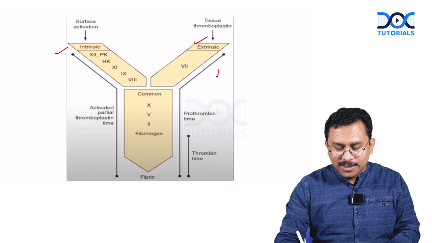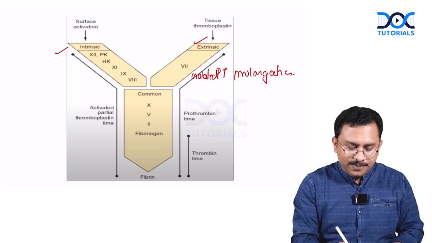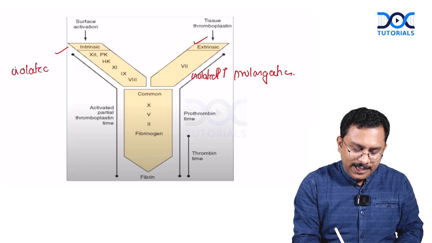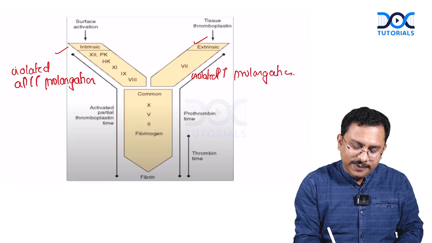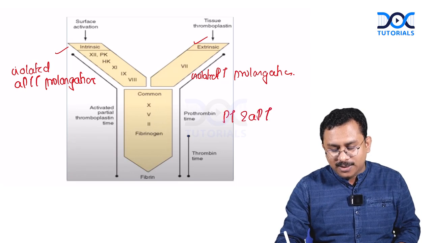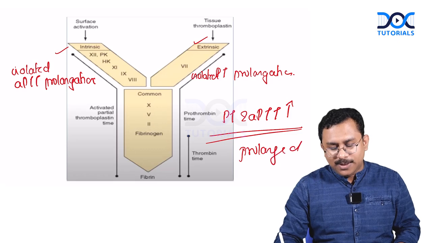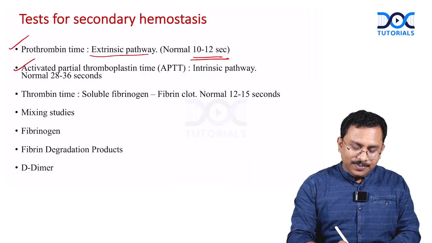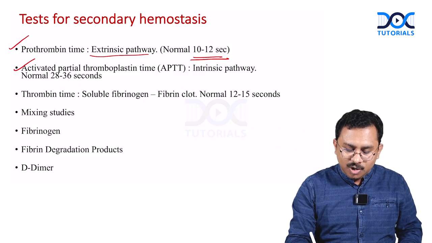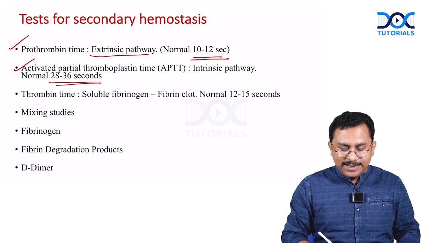So an isolated prothrombin time prolongation will happen in an extrinsic pathway defect, whereas an isolated APTT prolongation will happen in an intrinsic pathway defect, whereas in a common pathway defect, both prothrombin time and activated partial thromboplastin time will be prolonged. Normal for prothrombin time is 10 to 12 seconds; APTT normal is 28 to 36 seconds.